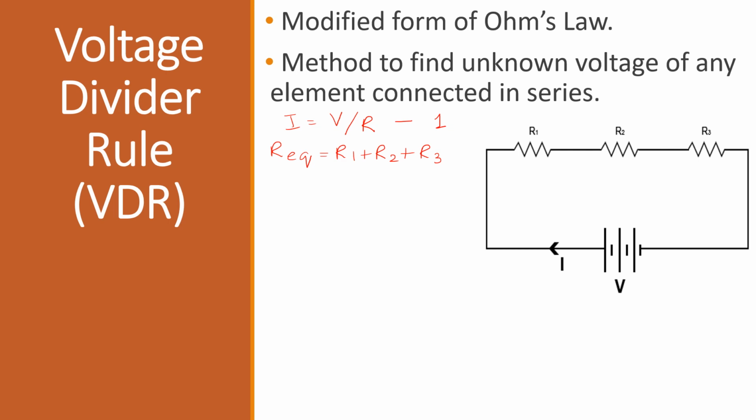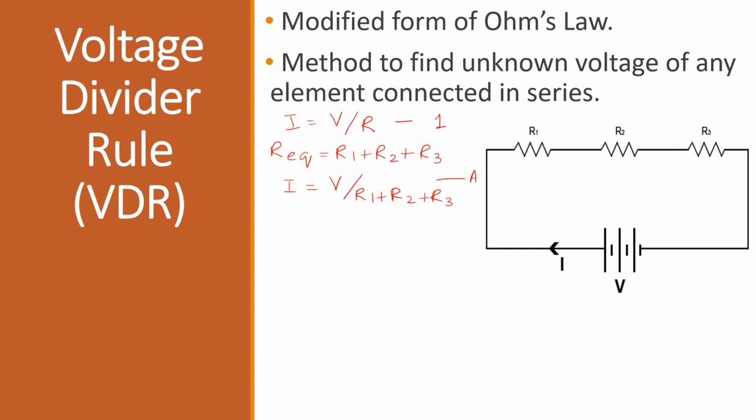Now, by putting this value of R equivalent in equation 1, we get I equals V divided by R1 plus R2 plus R3. This is your equation number A.